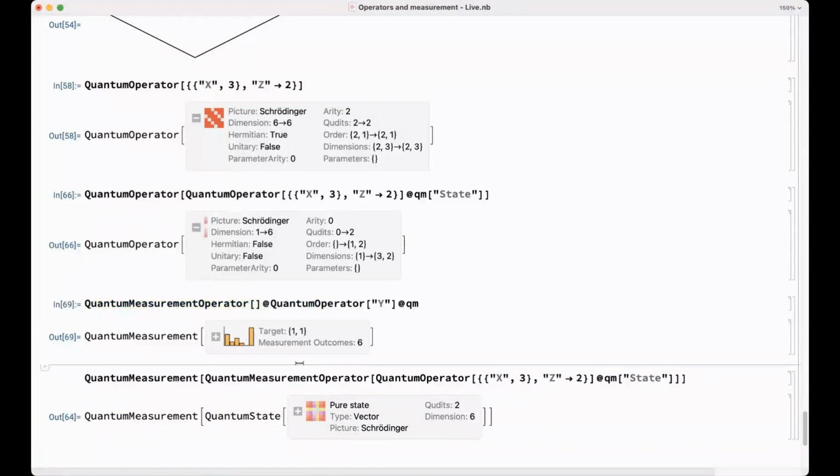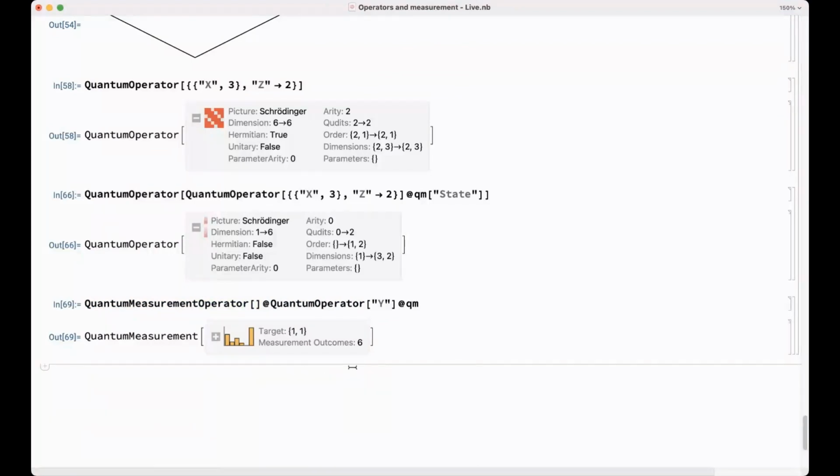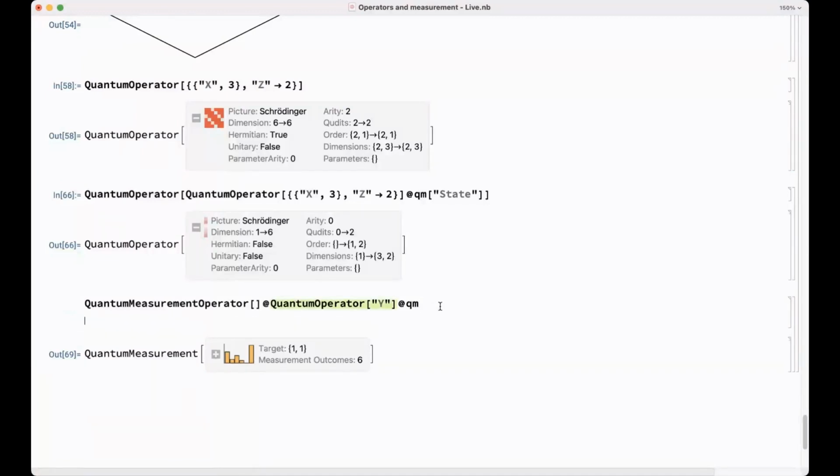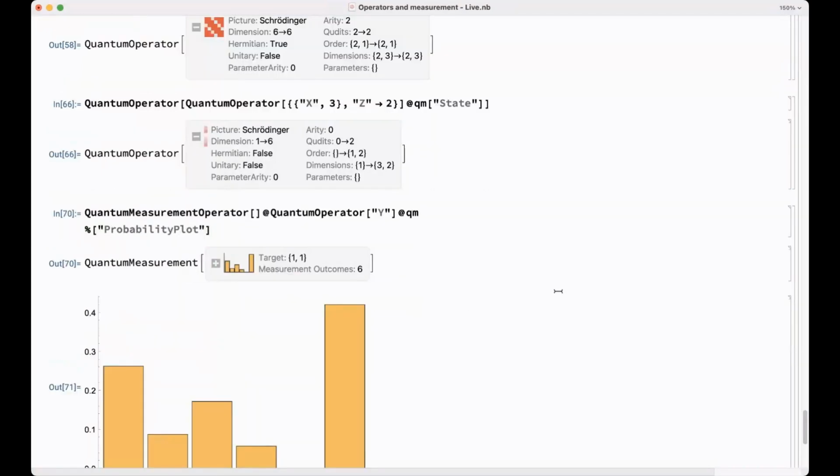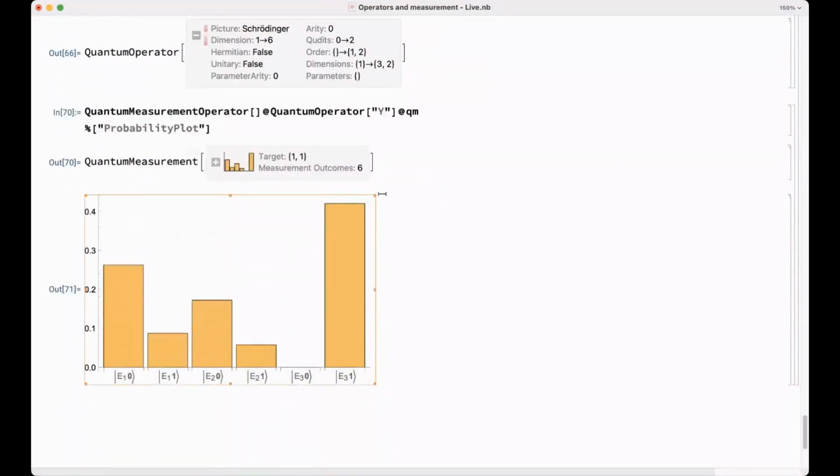What's happening here, you see, Nick is applying a Pauli operator on the first qubit, and then he does another quantum measurement on top of the first qubit. We can do it only because behind the scenes we are going to those higher dimensions without showing it to you, so you don't see it immediately. But if we ask for the state of the quantum measurement, they can see it, if I remember that correctly.